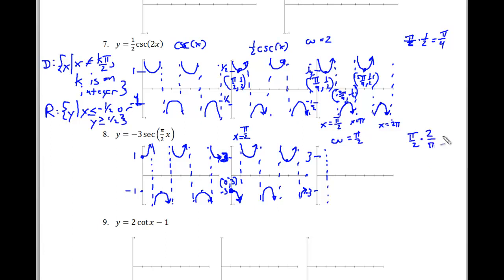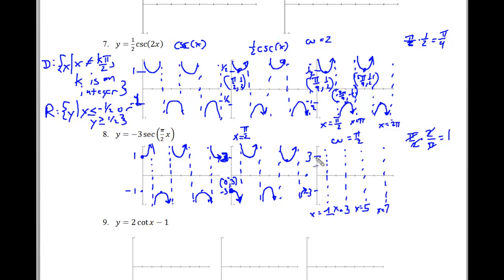So I get 1 over 1, which is just 1. What's cool here is that this changes to integers like 1, 2, 3, 4, 5, 6, 7. So all of my asymptote lines are at these odd integers: x equals 3, x equals 5, x equals 7.